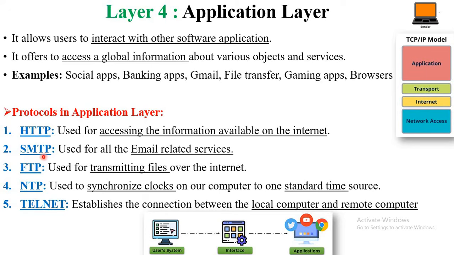Next one is the SMTP protocol, that is Simple Mail Transfer Protocol. When one device sends an email to another device, all the email related services are handled by the SMTP protocol. Next one is FTP, that is File Transfer Protocol. When one device sends a file to another device over the internet, this file transmission is handled by FTP.